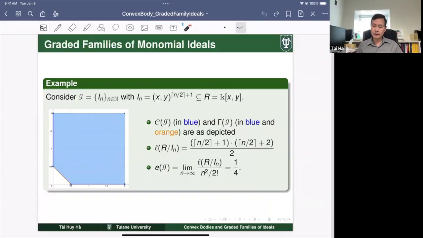And so if you take the limit of this length over n squared over 2, then the multiplicity is going to be 1/4. And that 1/4 is exactly twice the area of this triangle, which is twice the co-volume of this Newton-Okounkov region, just as what we have seen in the case of the Newton polyhedron of one ideal.